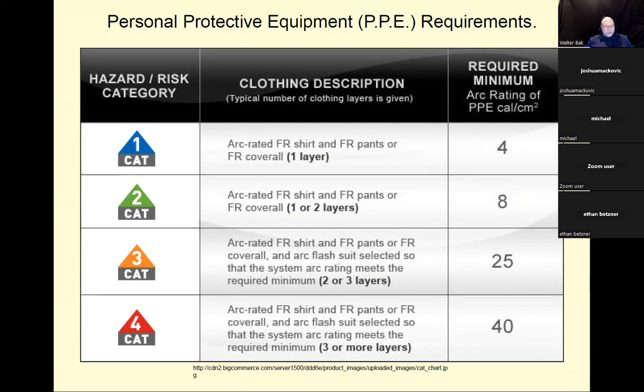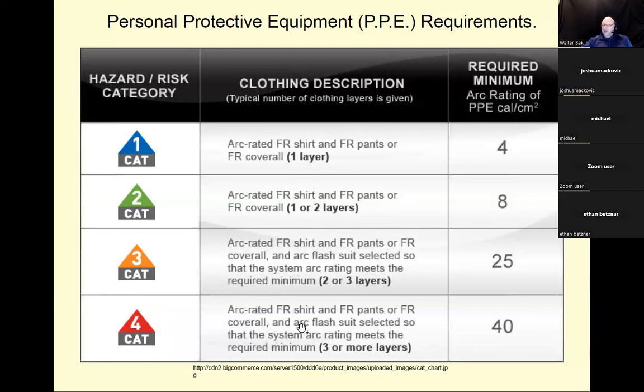This is just heat. Just keep in mind, if that thing throws you against the wall, the flame retardant pants are not going to help you. Right. So then here is hazard risk category number 4. That's the most severe, and it's supposed to withstand 40 calories per centimeter squared.